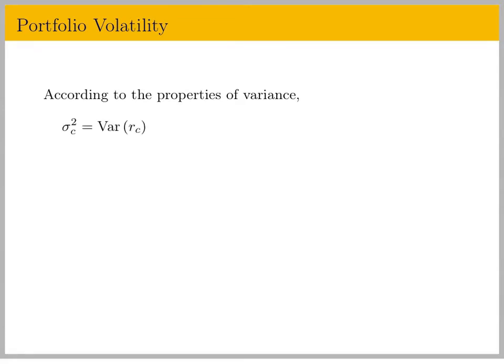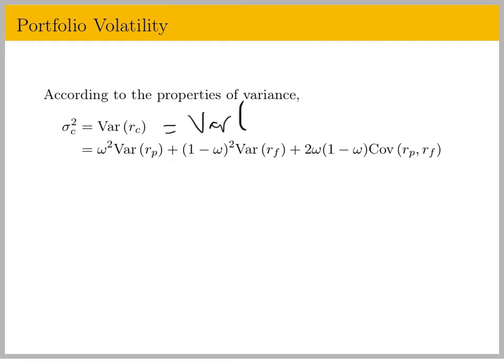Now, according to the properties of variance, if we want to compute the variance of the portfolio C, that's simply the variance of the return R sub C, which, recall, is equal to the variance of omega R sub P plus 1 minus omega R sub F. By the properties of variance, that is equal to the variance of each of the two terms with the coefficients pulled out and squared, which is what that term is and that term is, plus 2 times the constants and the covariance of the two random variables.